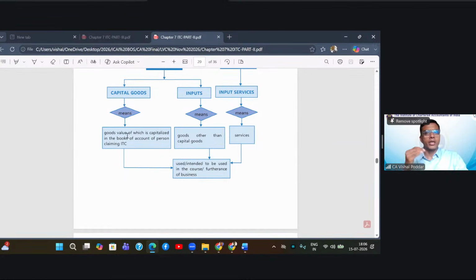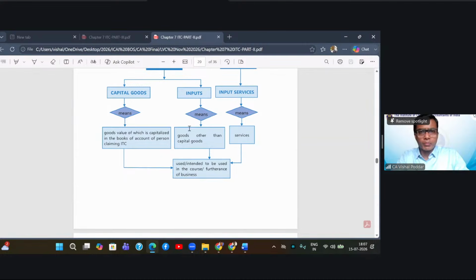You realize that this classification has deep implications, especially on the utilization side. So whenever you have decided that these goods will go to my balance sheet, which is what is called capitalizing the value, those goods will be treated as capital goods. The goods which you decide will not go to the balance sheet, that I will write off in my P&L, I will expense out, those are what will be called inputs.